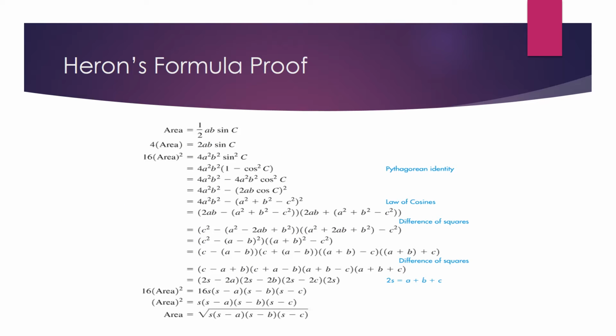Now, this big hunk of a proof is essentially a lot of algebra and trigonometry to figure out our equation at the bottom of s multiplied by s minus a multiplied by s minus b multiplied by s minus c.